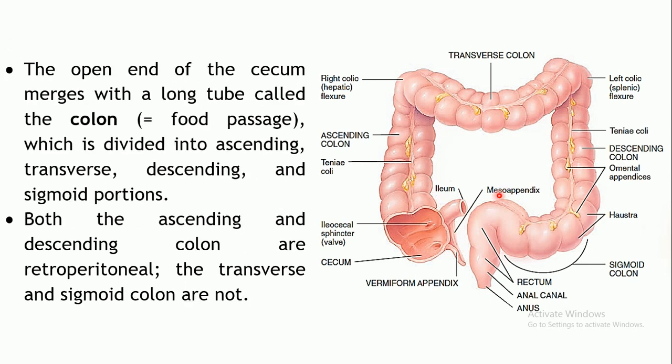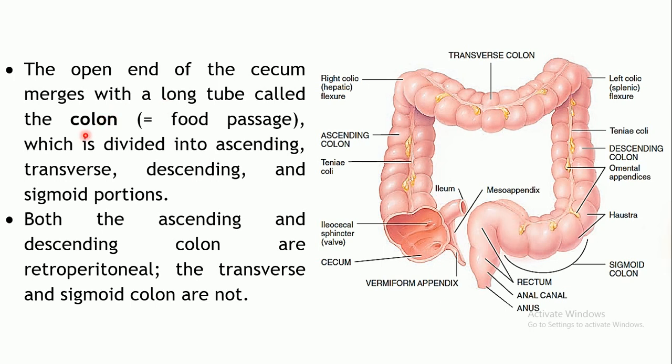Then the cecum will open into the next part of the large intestine, which is called the colon. Colon means food passage; it is a passage meant for movement of the food.